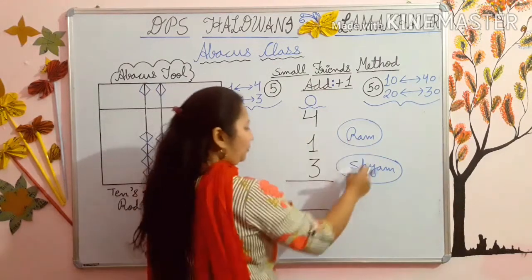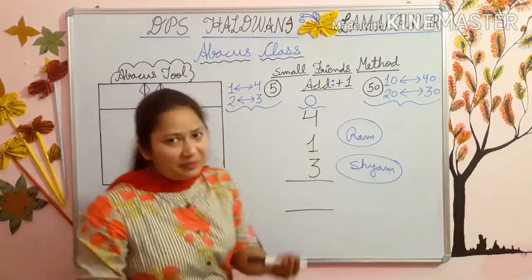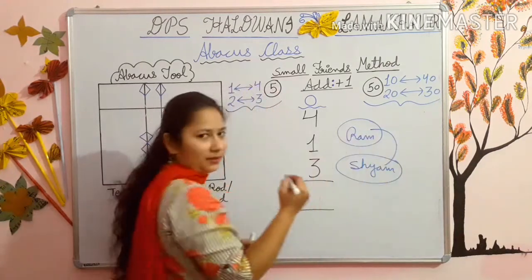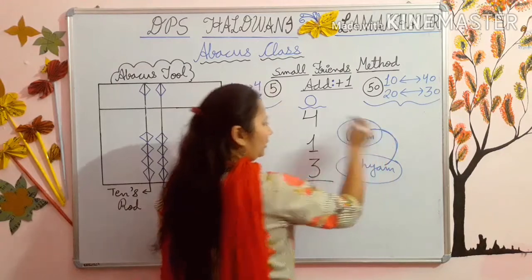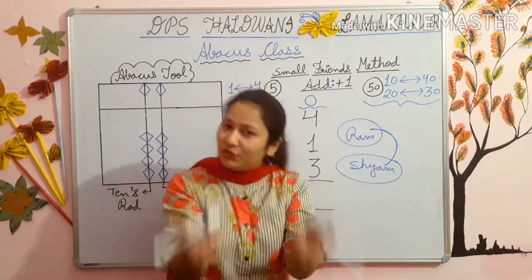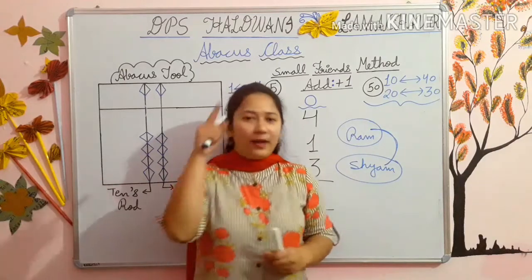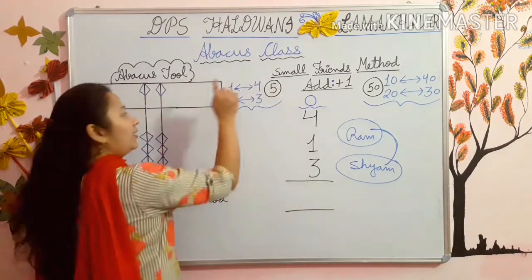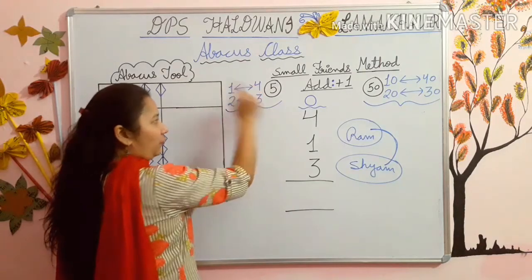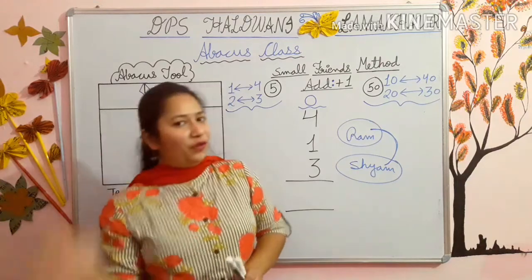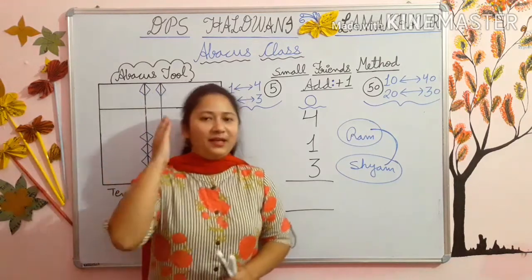Ram is the friend of Sham, so Sham will be the friend of Ram. Same way, if I am your friend, then you will be my friend. Same way, 1 is the friend of 4 and 4 is the friend of 1.